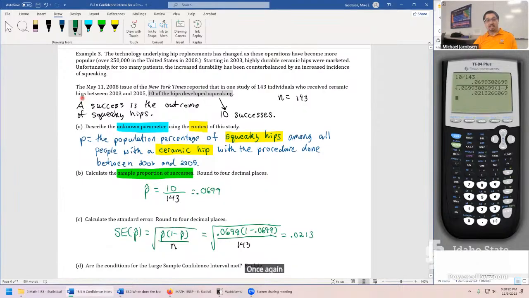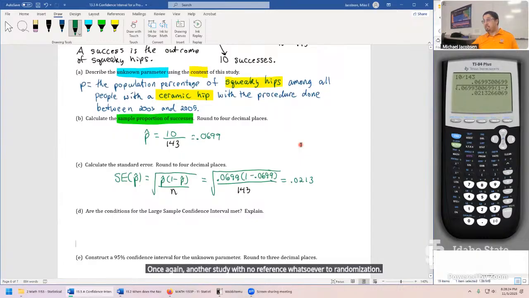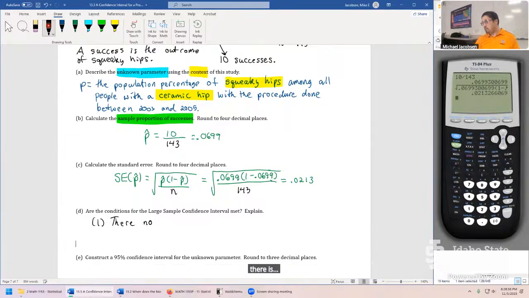Once again, another study with no reference whatsoever to randomization. So we just mention that down here. And this part right here will say there is no information given on randomization.